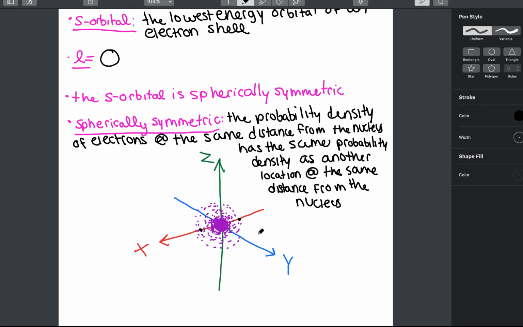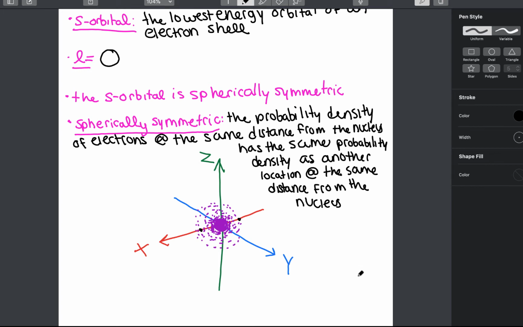So it's basically saying that areas that are the same distance away from the nucleus have the same probability density, and that's because it is a sphere. So this graph you may remember from one of the last videos, and this graph basically shows you that the s orbital has a spherical shape.